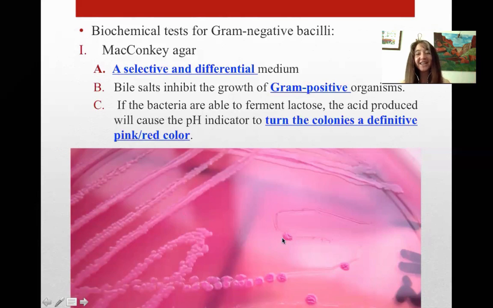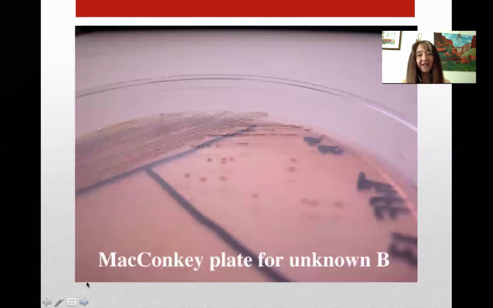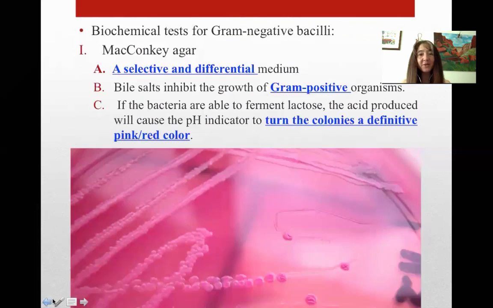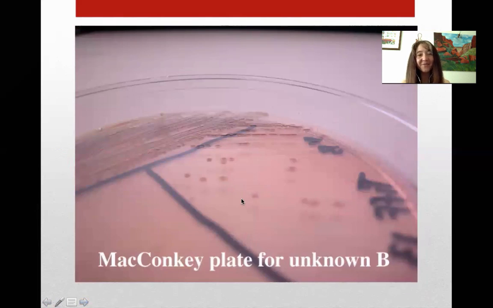And so we recognize that it's turned all of the agar this bright pink, and the colonies have turned bright pink. So it's a really definitive positive for lactose fermentation. Now, if you want to know what a negative looks like to compare it to, this is a negative: that nondescript purpley color, no bright Barbie pink like this one. Oh, so pretty, right? Compared to the negative that really stays that nondescript purpley color.